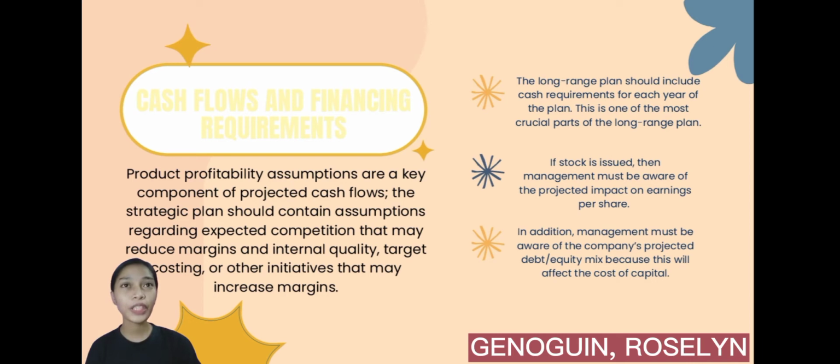In addition, management must be aware of the company's projected debt-equity mix because it will affect the cost of capital. As we will show, debt is an important component in the optimal capital structure.